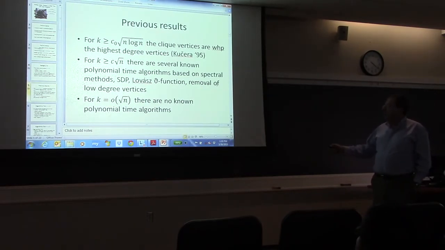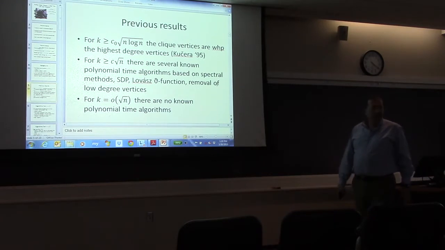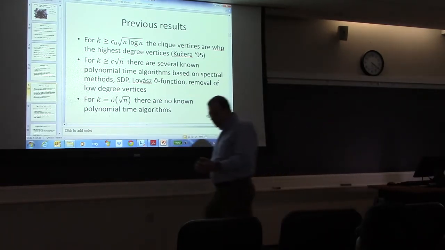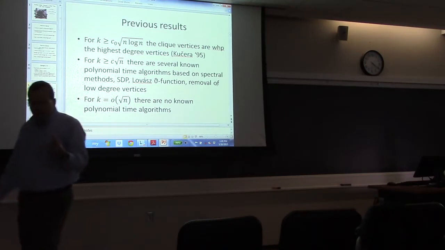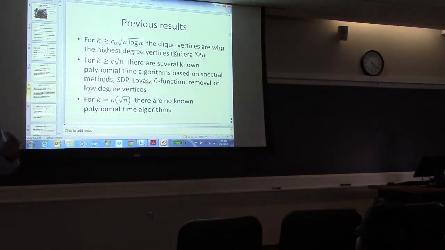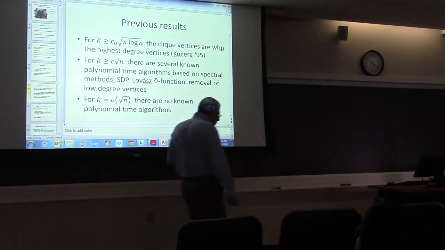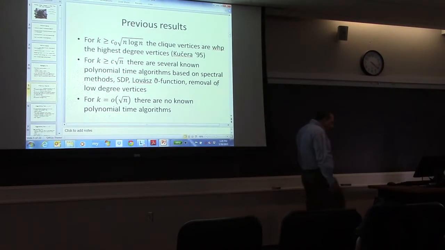Now if k is bigger than root n log n, then life is very easy. You can just take the vertices of highest degree, and these form the clique, because the degree of every vertex is binomial(n, 1/2), so approximately Gaussian with a mean of n over 2 and variance also of order n.